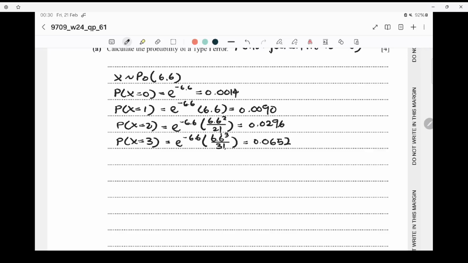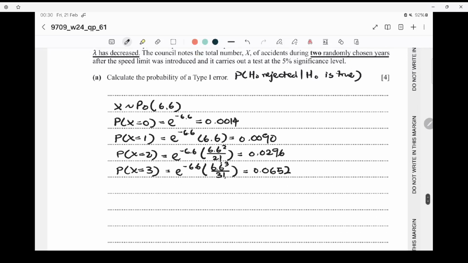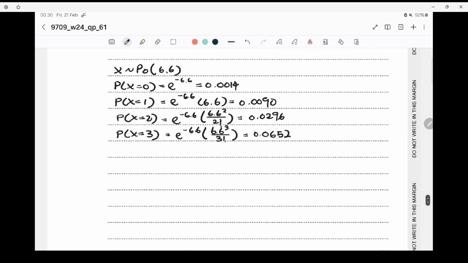So when do you need to stop doing all this process? Because you are testing at the 5% significance level, this is obviously greater than 0.05, so you can just stop here. Then you do the sum.